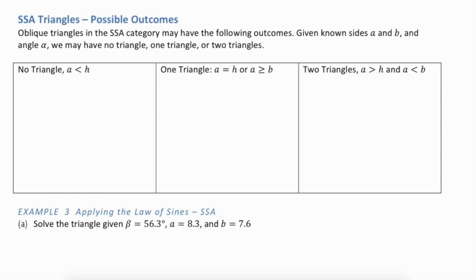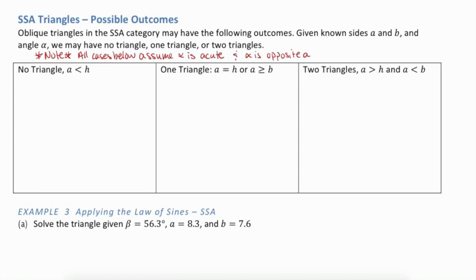A quick note: all the cases given below assume alpha is an acute angle. The cases for alpha being an obtuse angle are a little bit different. We are just focusing on the acute cases.